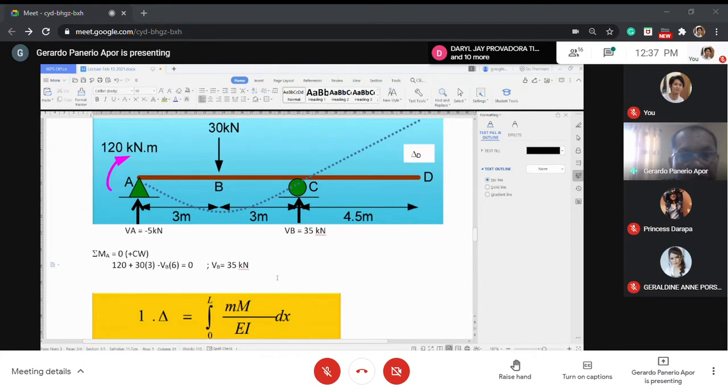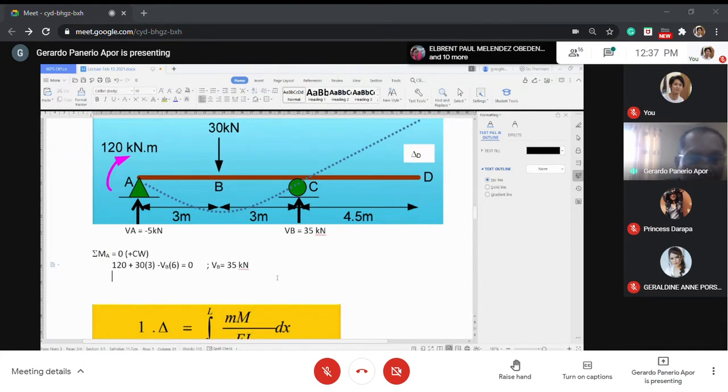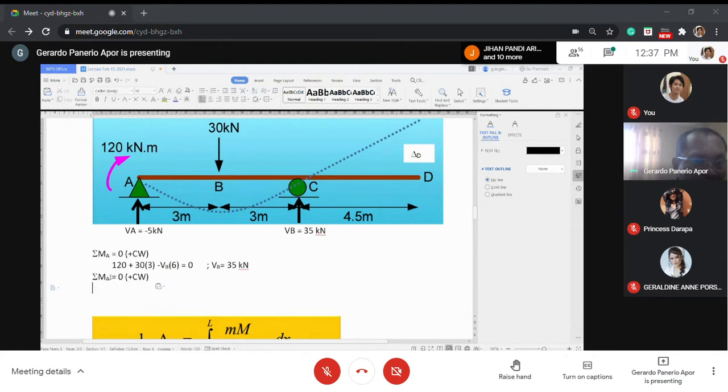Now, you can do the same, but maybe you perform that at C. Okay, the same, but make this C. So what happened is the same thing. You sum up moment at C. You have 120 rotating clockwise. Then you have BE times 6, rotating clockwise, positive. Then you will have minus 30 times 3 is equal to 0.